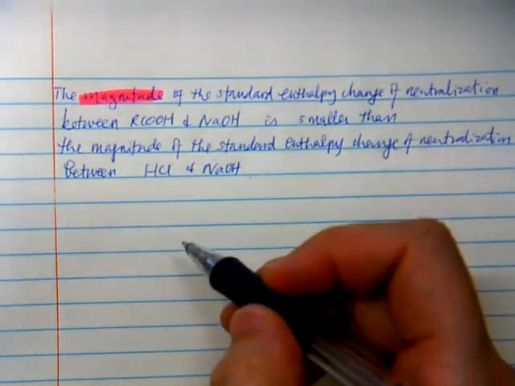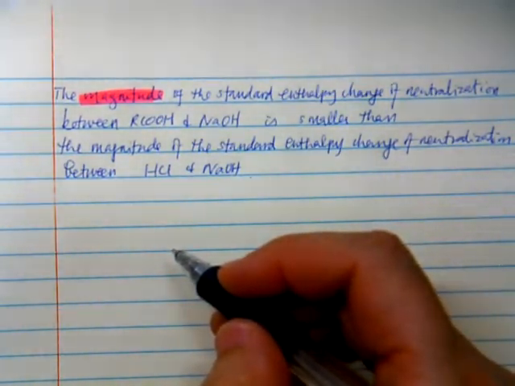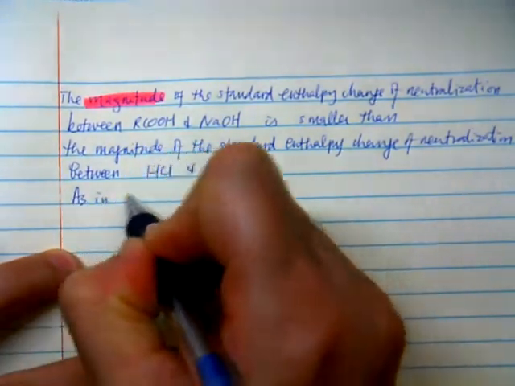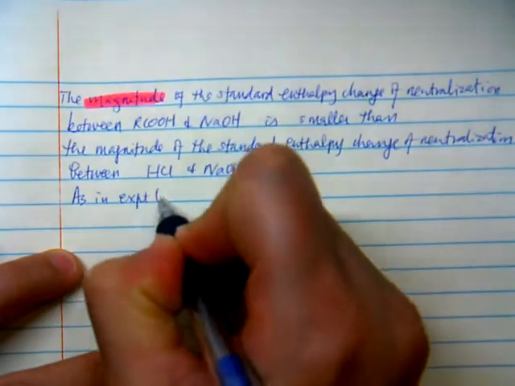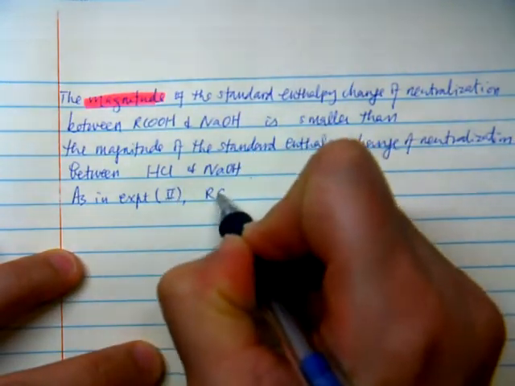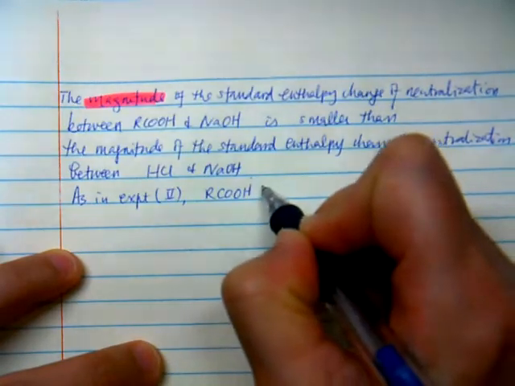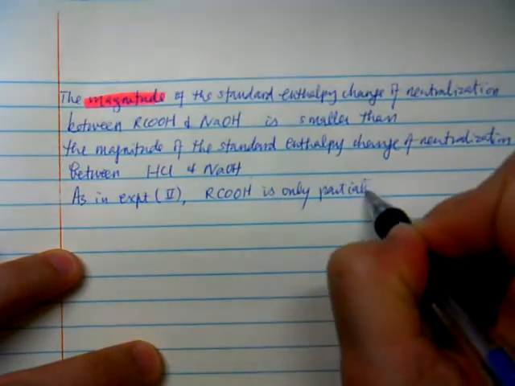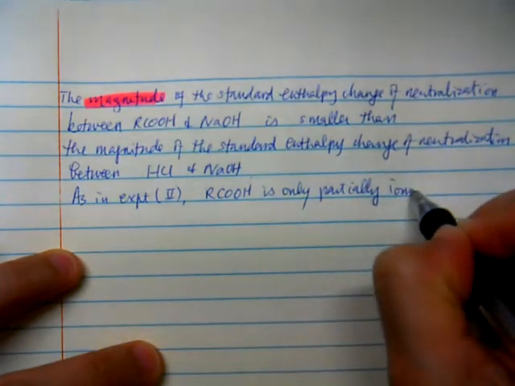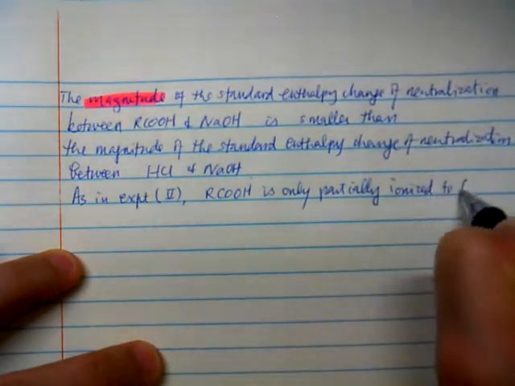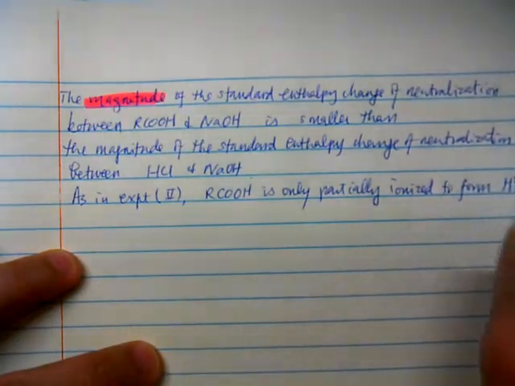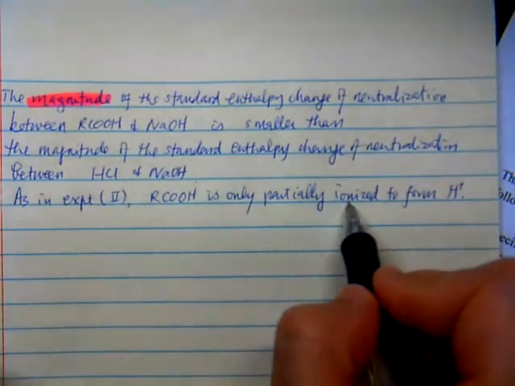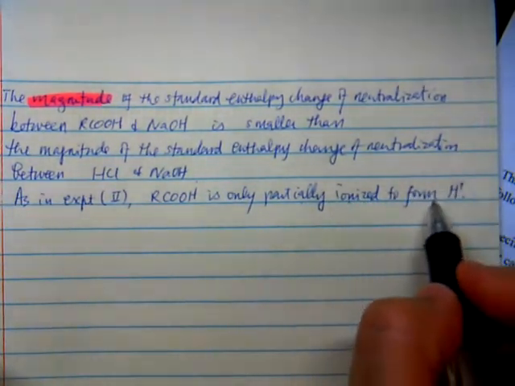After that, we need to explain, because as in experiment 2, the weak acid is only partially ionized to form hydrogen ions. Originally it is incompletely ionized in water.